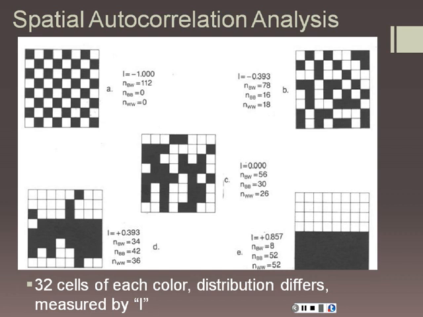And then we have the middle measure, which would be neither positive nor negative spatial autocorrelation. And this sort of observation happens pretty frequently. So we do have a lot of black cells neighboring one another, but we have a lot of white cells neighboring one another. And you'll notice that that Moran's I value is a 0.